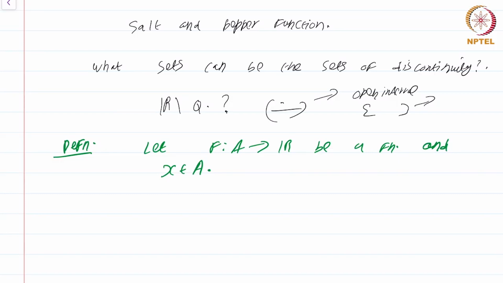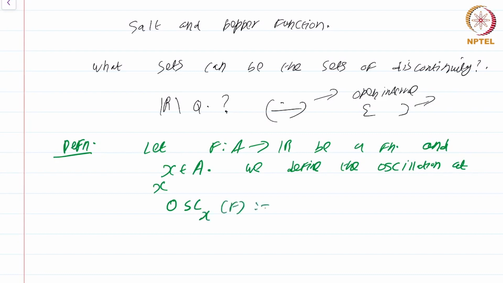How we do that is we define the oscillation at x of f, to be just the limit as r goes to 0 of the diameter of f of the interval (x minus r, x plus r) intersect A. Let me just write that down precisely.